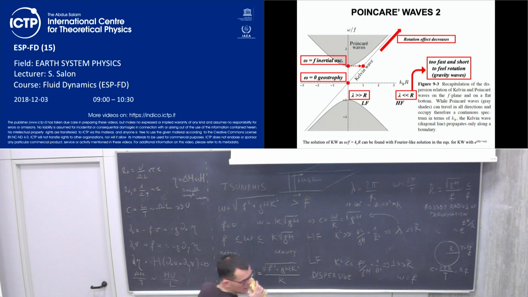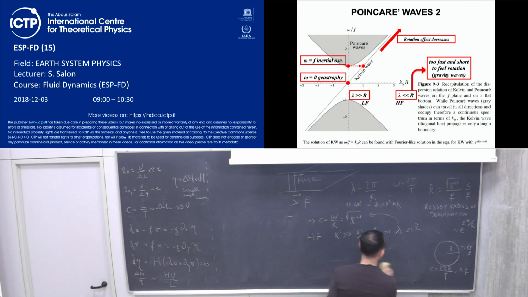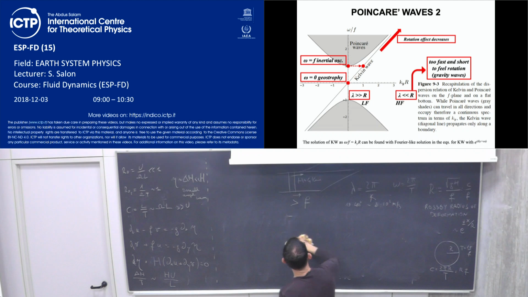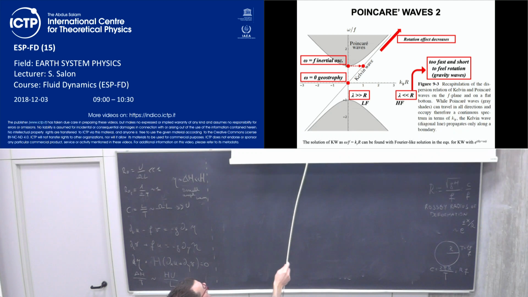Looking at that plot, we can ask ourselves whether the barotropic wave system can allow for solutions that stay here, which are the ones where omega is much smaller than f.